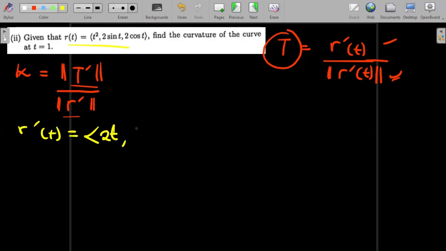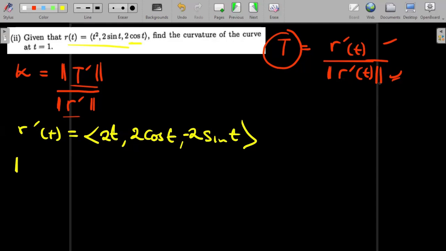Then differentiate 2 sine T. When we differentiate sine, we get cos, so this will be 2 cos T. Then the other part: here we're differentiating cos, so it will be negative sine T, like that.